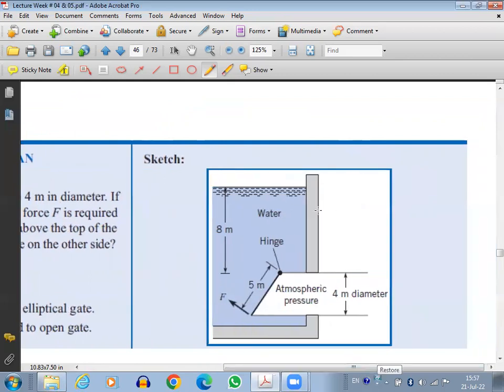So you see here a big water container. In the container, you have a 4 meter diameter pipe going into it. At the end of the pipe, a gate is there. This gate is closing the pipe.